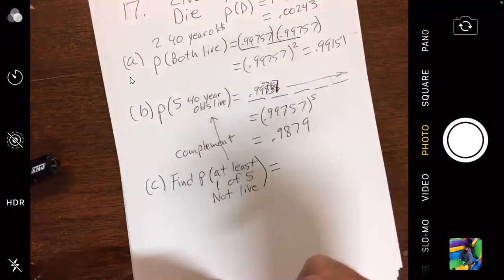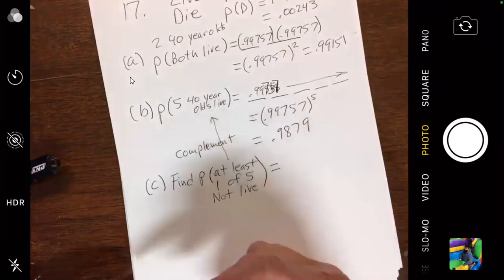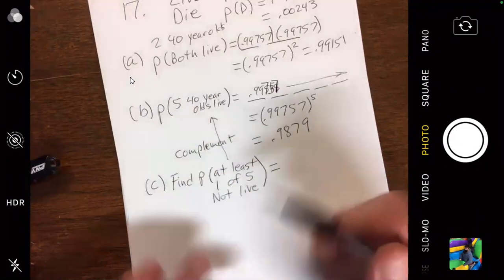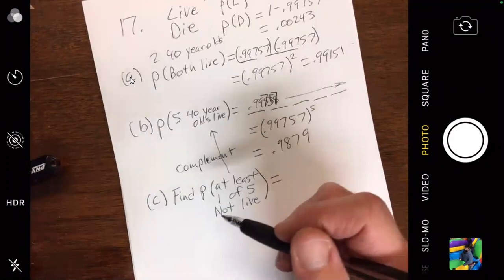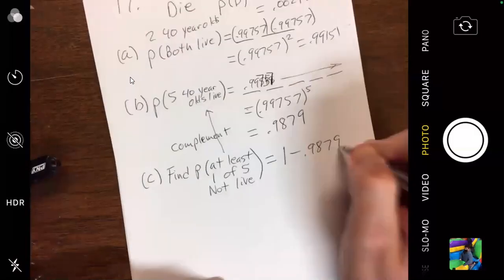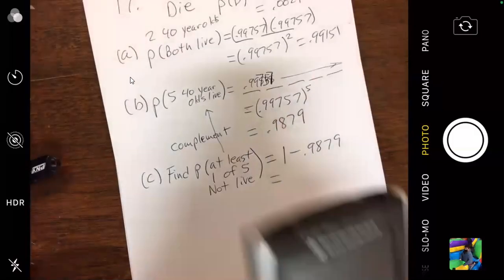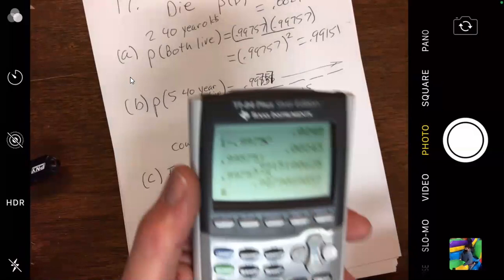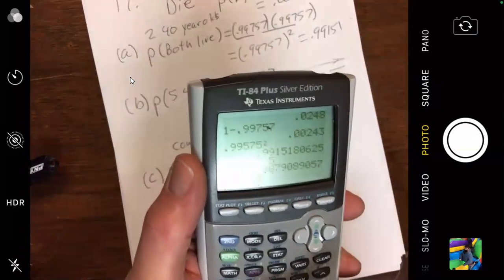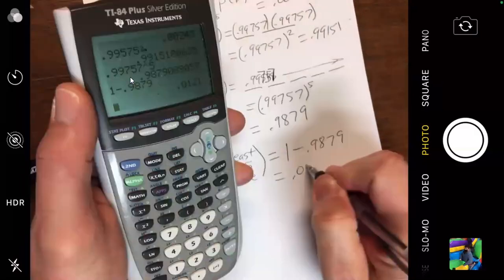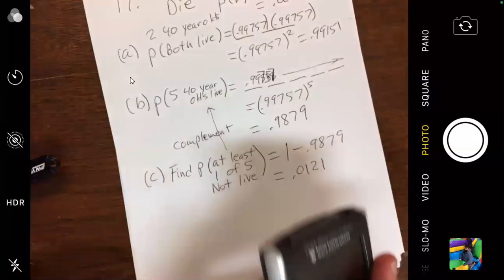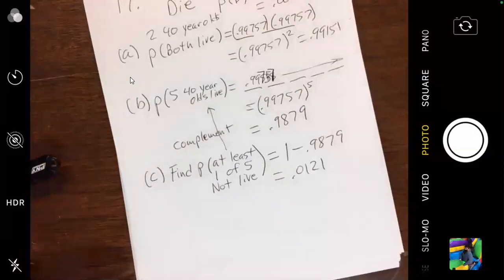Okay, you have to draw the same kind of chart as the last problem, same rows, 32 rows, because it's got 5 people. But just the percentages have changed, but you still got 2 events, live and die, instead of being positive and negative. So this is very slickly, we'll go 1 minus 0.9879, which is 0.0121. At least, or a 1% chance, one of them wouldn't live.